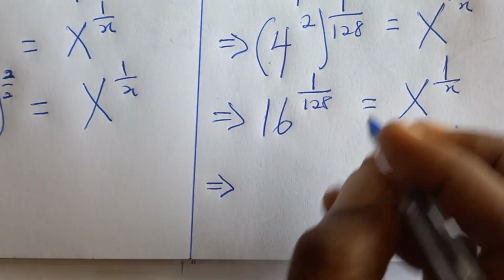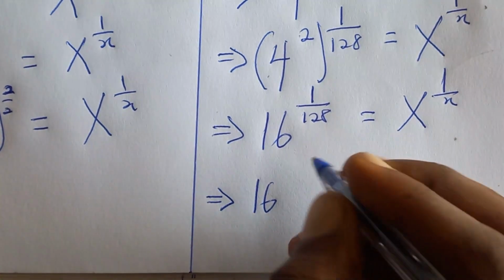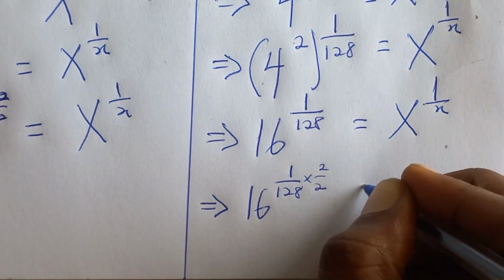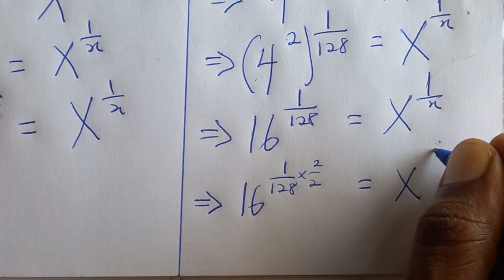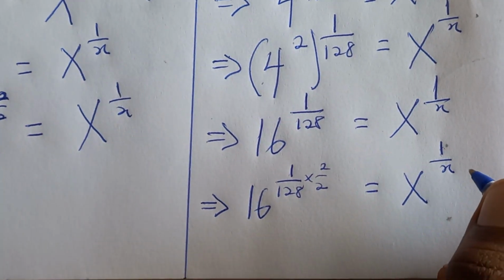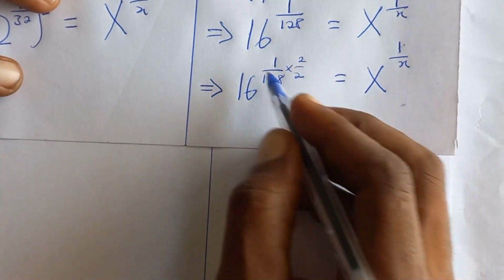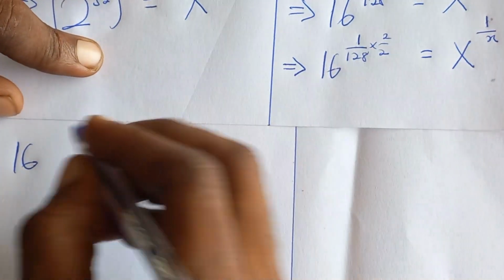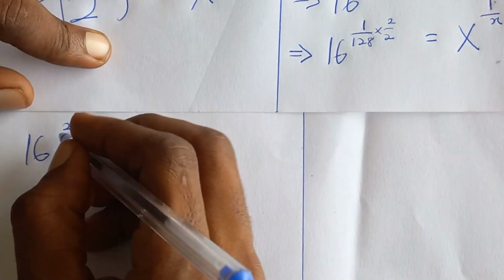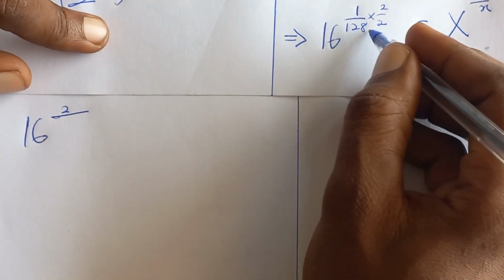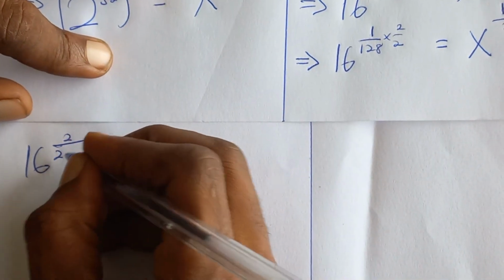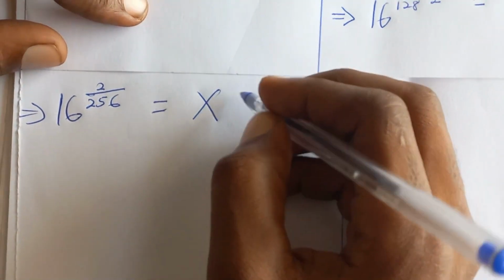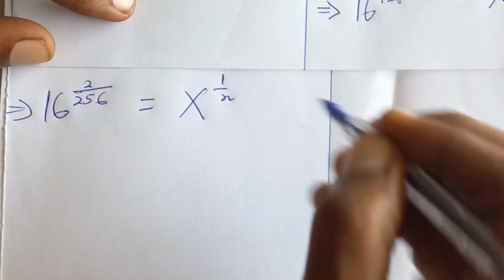We also get, when we multiply, 16 exponent 1 on 128 times 2 on 2 is equal to x exponent 1 on x. So 1 times 2 is 2, and 128 times 2 is 256, which is equal to x exponent 1 on x.